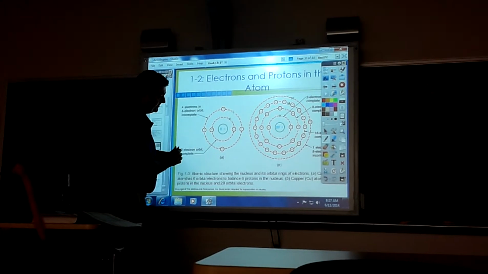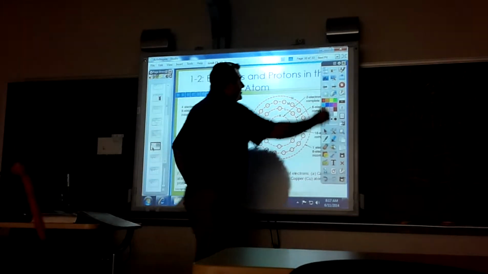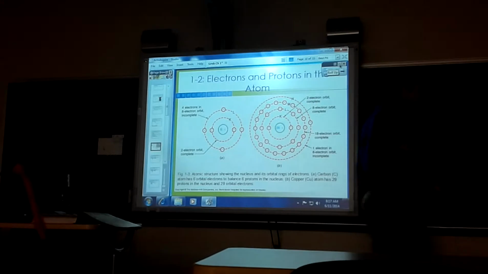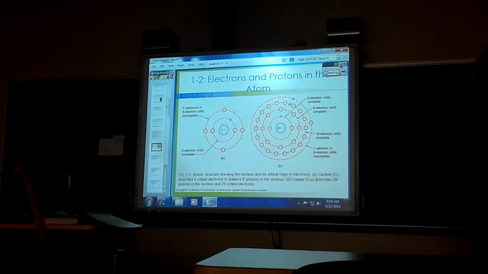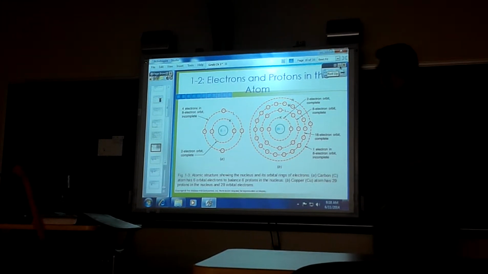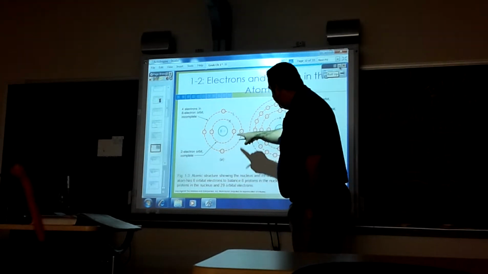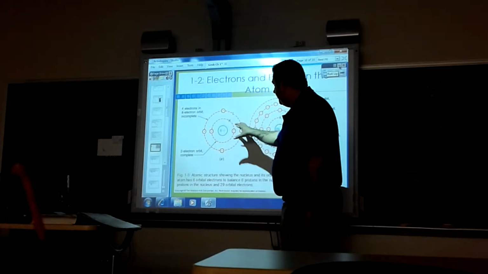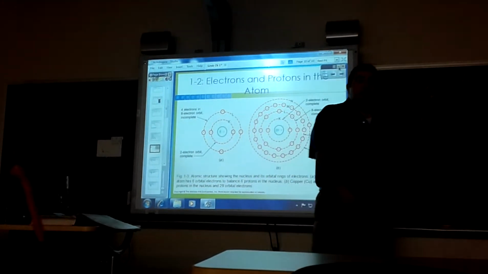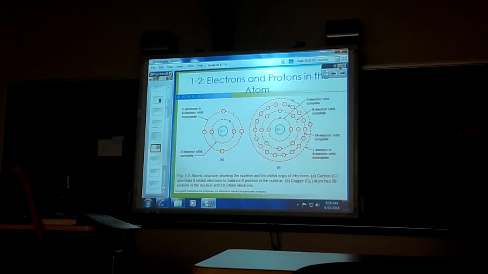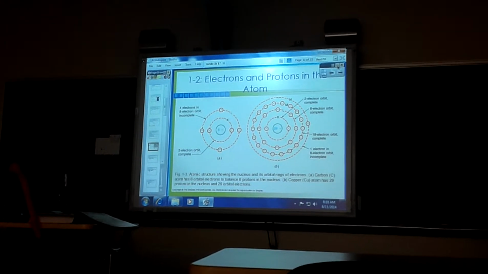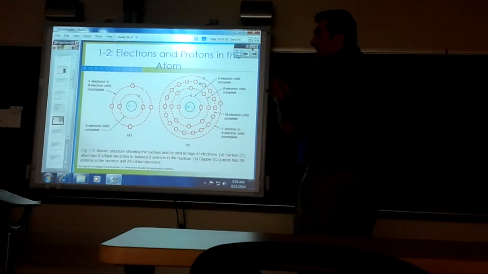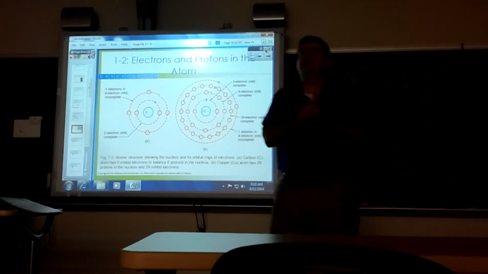So some atoms, like carbon, are pretty stable. Okay? Wood is pretty stable. Glass is pretty stable. Since they're stable, here's an example of carbon with 4 electrons in the outermost band. It doesn't want to give up its electrons.